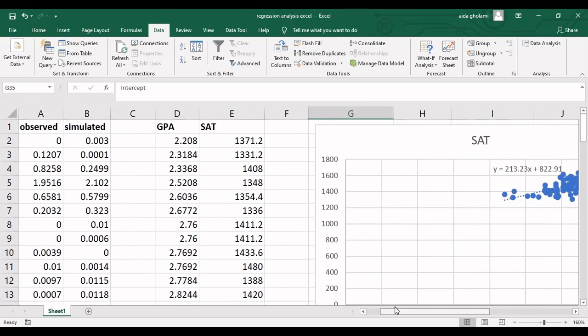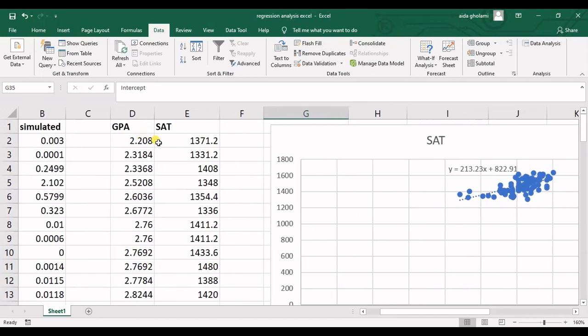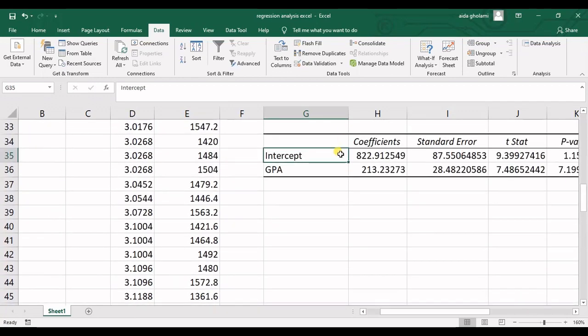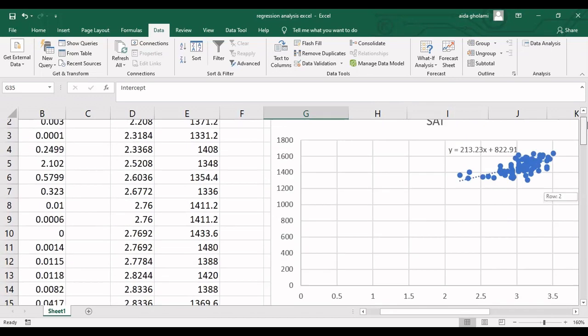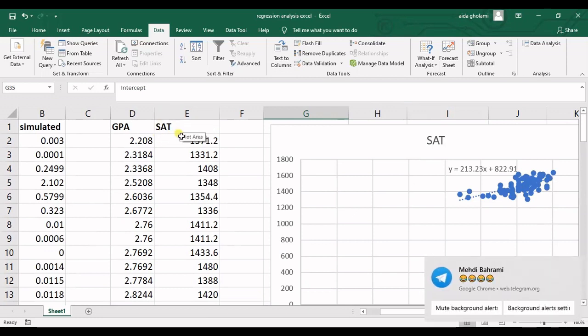The meaning is that it doesn't matter whether GPA is 0 or it's high. Any student with any GPA can get 822 score in SAT.